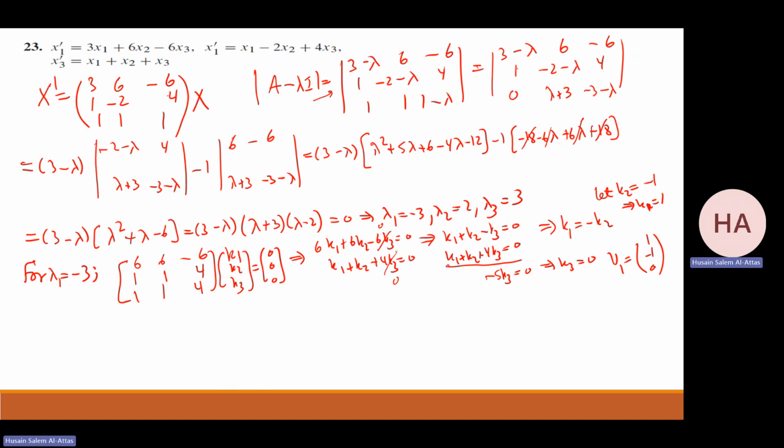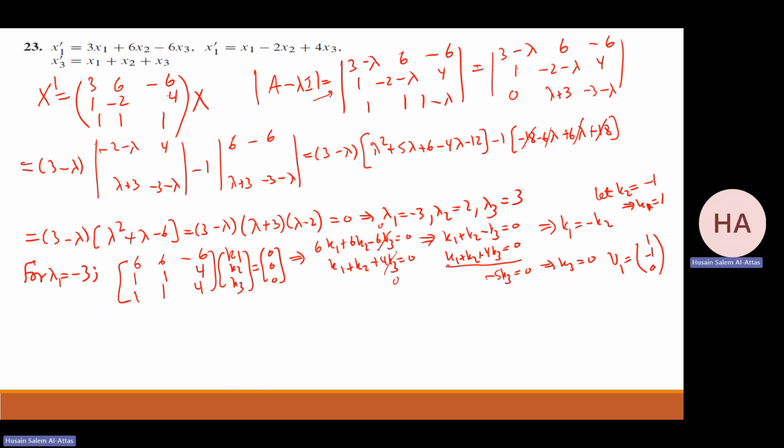1 minus 1, 0. No. With -3, I have 3 minus -3. That will be 6. 6, 6 minus 1.